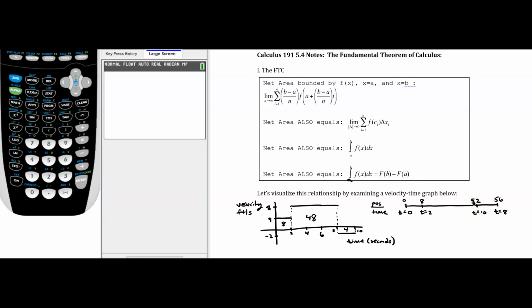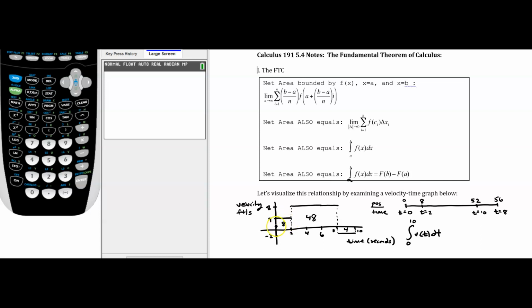Okay, so let's see what we actually have here. We can summarize what we just did by writing the following. We can say that the integral of our velocity function from time 0 to time 10 is the net area bounded by this function and the x-axis.